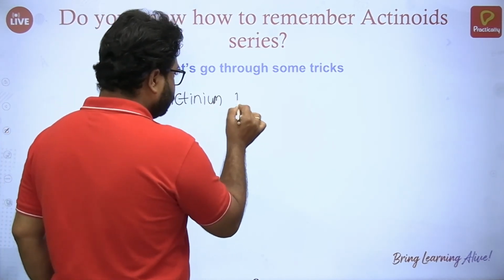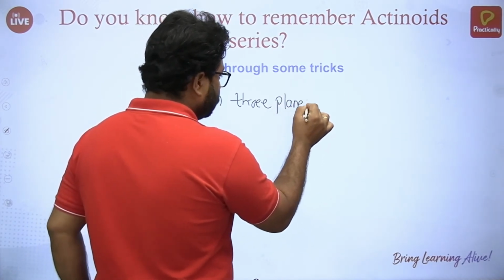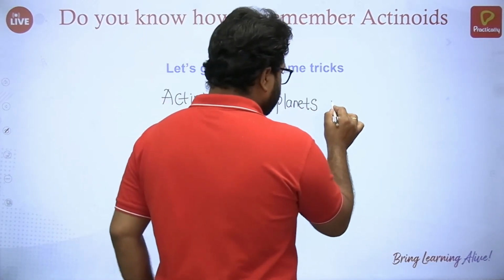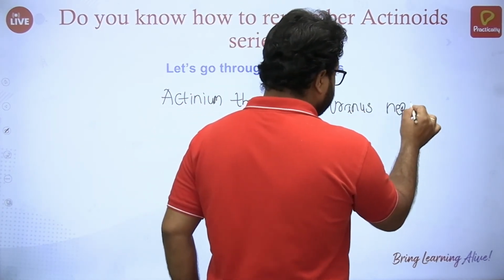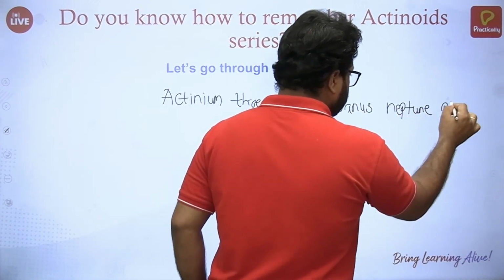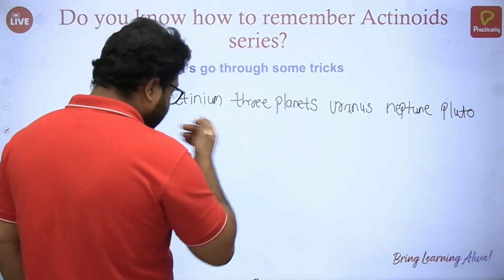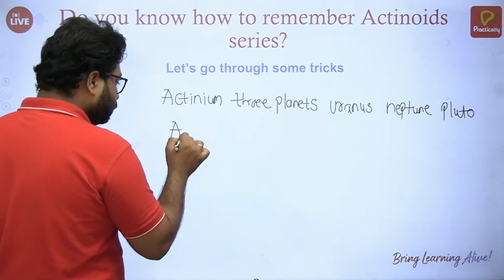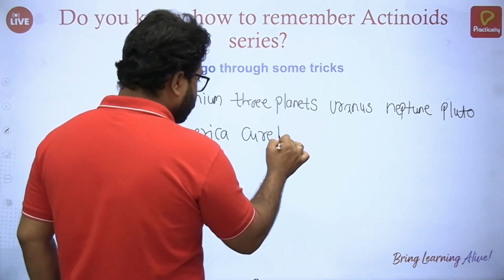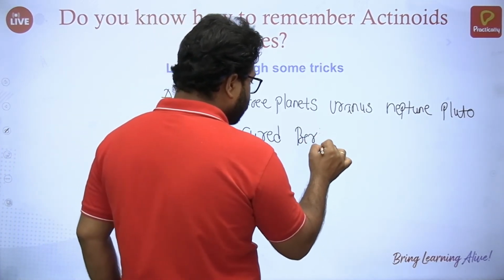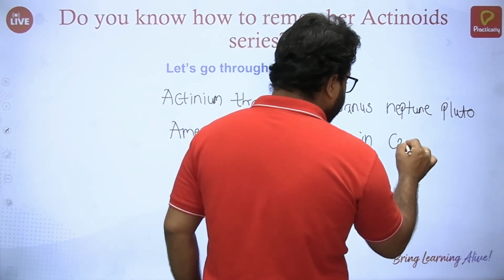Actinium, 3 planets, Uranus, Neptune, and Pluto. Then you have America, cured, Berkeley, in California.